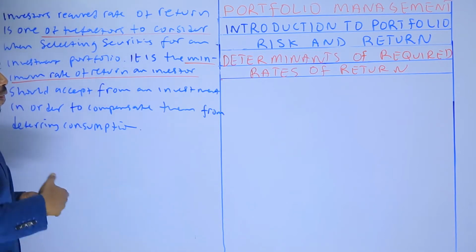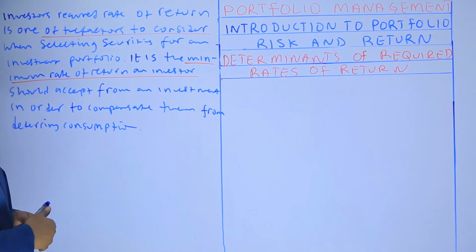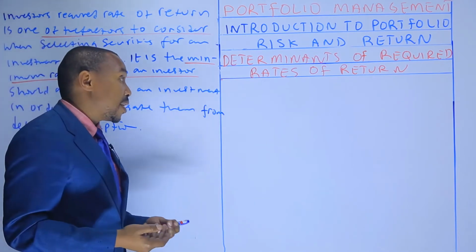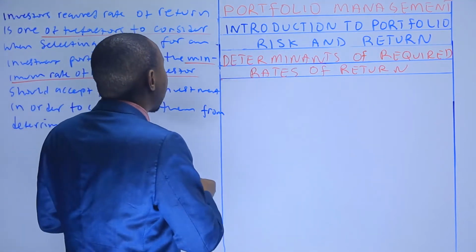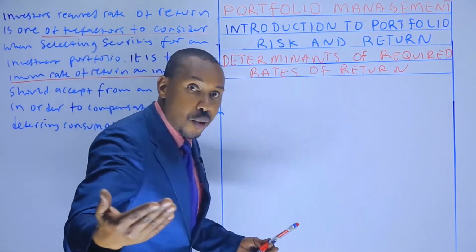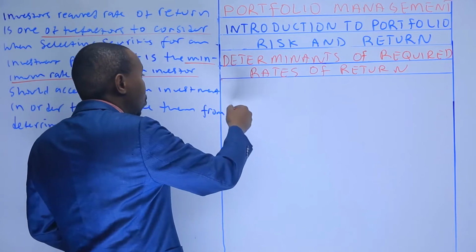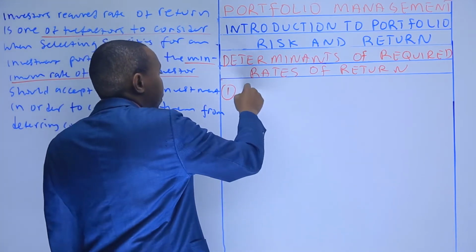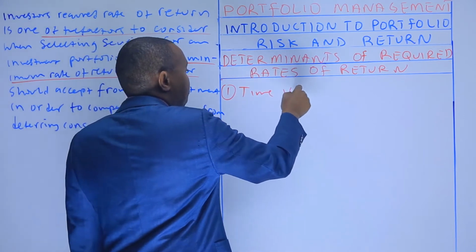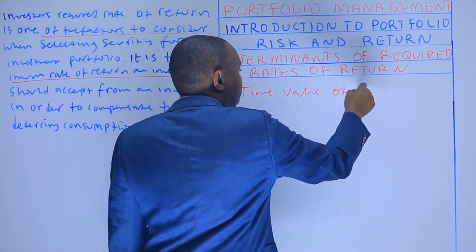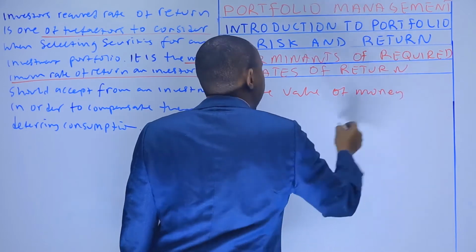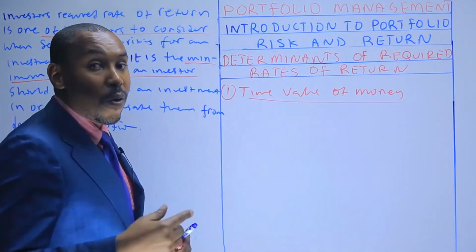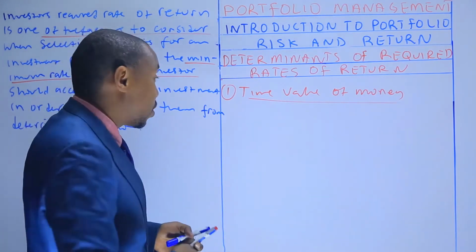So now since we've already explained or introduced what the investor's required rate of return is all about, we now start by assessing the components. The first component that I had mentioned to you, number one, is time value of money. That's the first determinant that an investor should consider before making an investment decision.